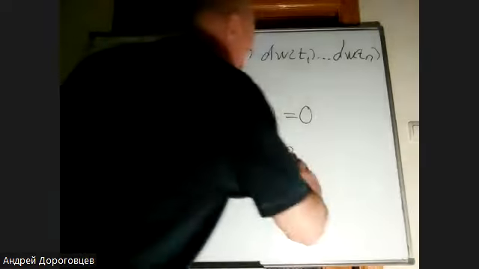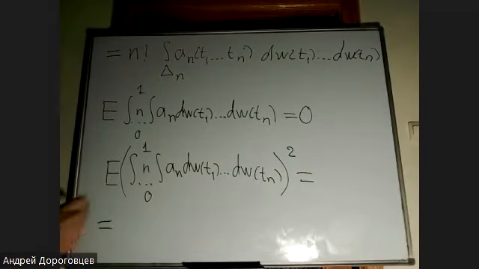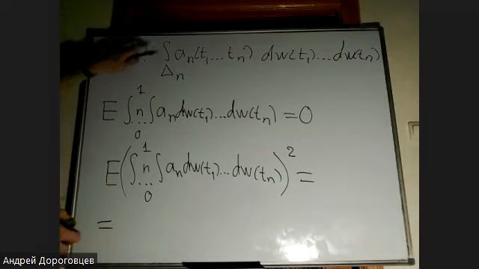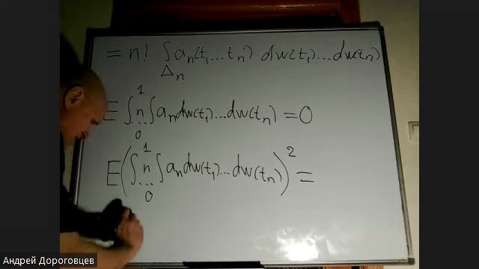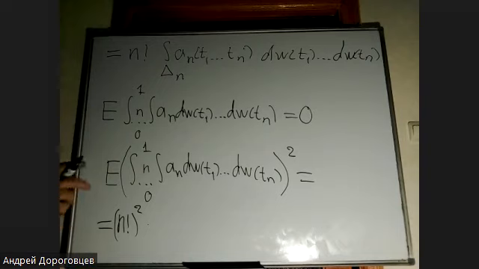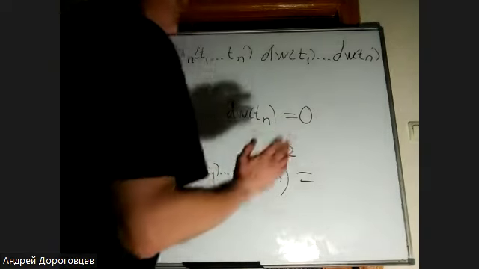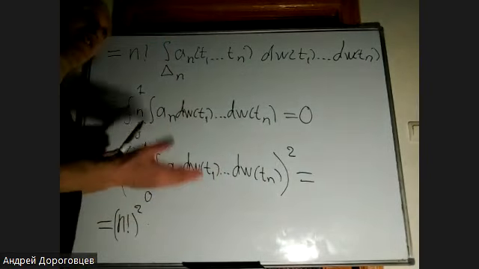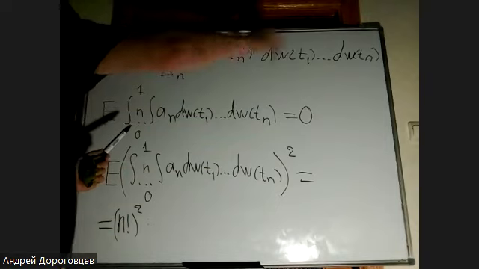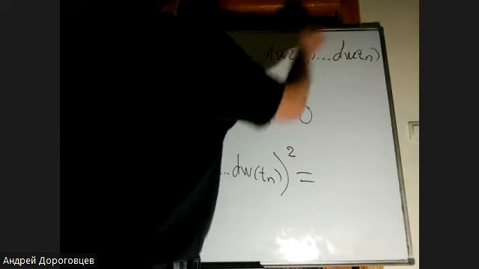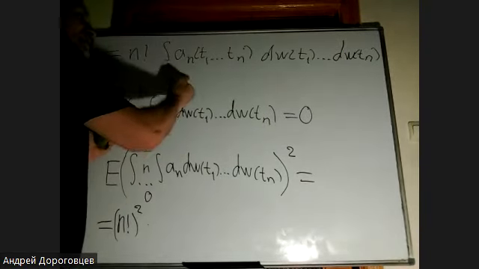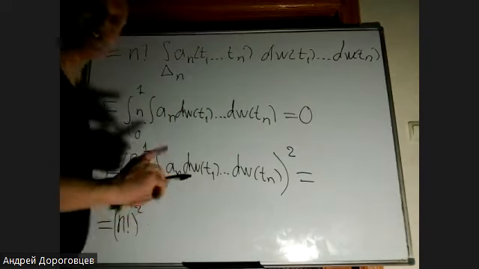Expectation of the square of this integral, n factorial times the integral of a_n dW_t1 ... dW_tn, is equal to what we have seen. We have here n factorial, which is just a number, so we have its square, n factorial squared, multiplied by the following. You remember we recalled this in the beginning of our lecture today, that the expectation of the square of the Ito integral is just the usual integral of the expectation of the square of what is inside. But what will we have inside? We will have inside the same integral, but with respect to the simplex of dimension n minus 1. So we will continue to do these expectations.